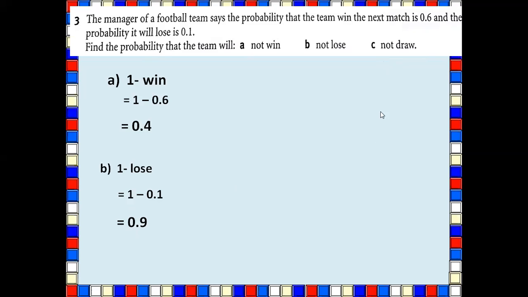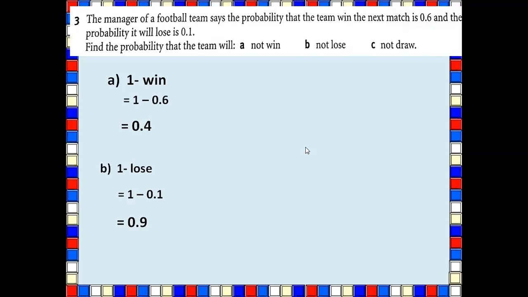C. Not draw. What do you think not draw is? Miss, it's 1 because they didn't mention anything about drawing. It's a football match. Okay, but they mentioned something about winning and losing, but there's nothing about drawing. What's the opposite of drawing? Winning or losing, right?